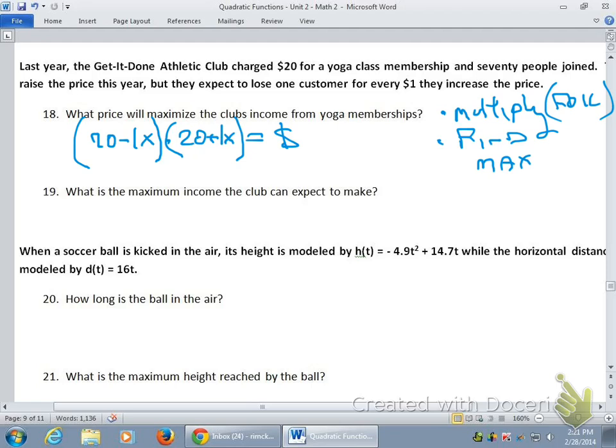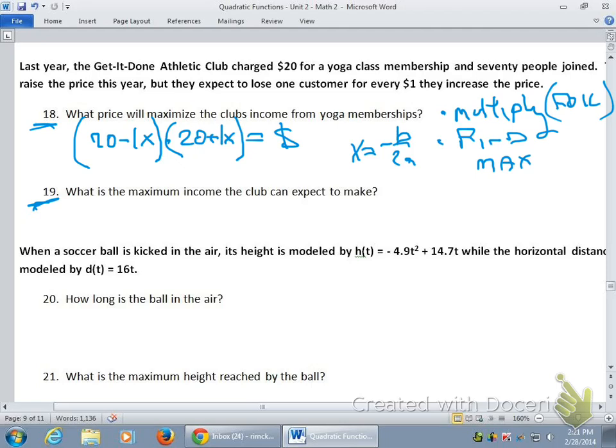Okay, and it's up to you how you find the maximum. You can find the vertex, you can put it in vertex form if you choose, or you can just use your formula, negative b over 2a, kind of like you did on problems number 2 and 3 and 4 on the front. Your choice on how to do that. But that's going to get you through number 18 and number 19.